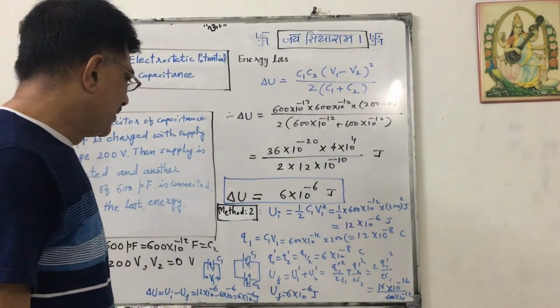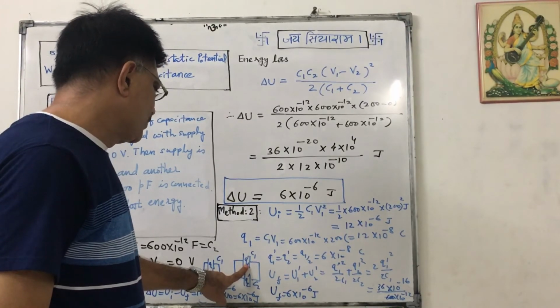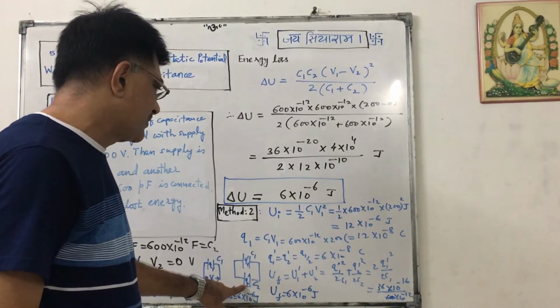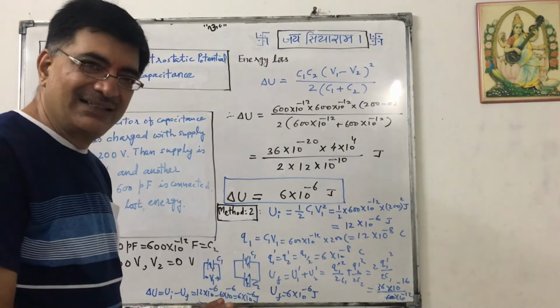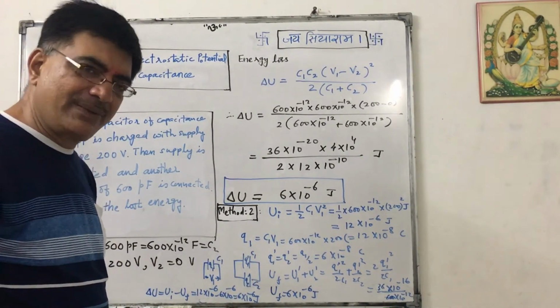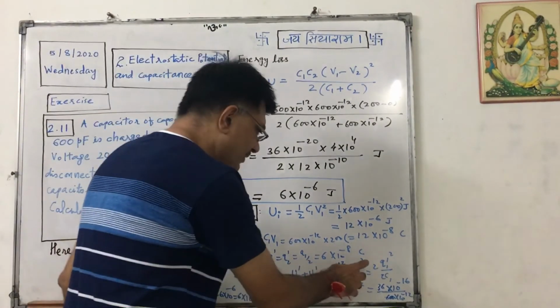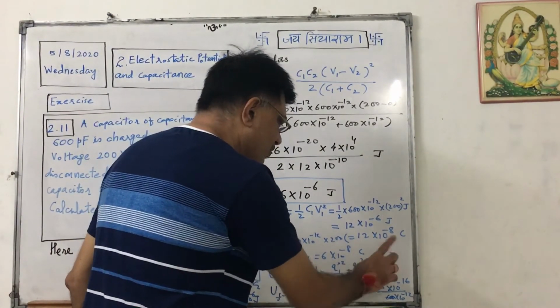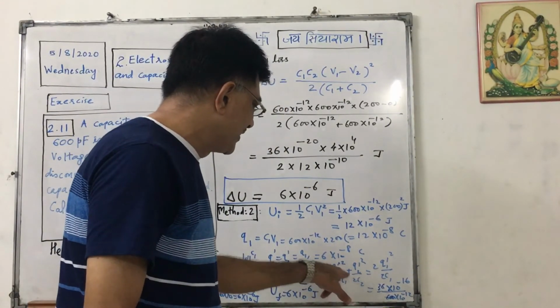Now the final energy for this is Q1 dash square by 2C1, and for this it is Q2 dash square by 2C2. We don't have the common voltage now, and we don't need to find it. Otherwise you can find it, but we can use this formula. Now see, all these have the same values, so we can write 2 times Q1 dash square upon 2C1, because C1 equals C2 and Q1 dash equals Q2 dash.